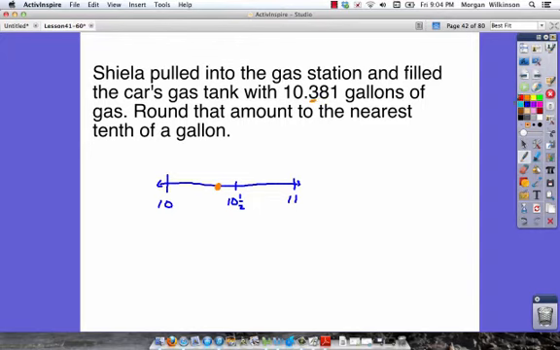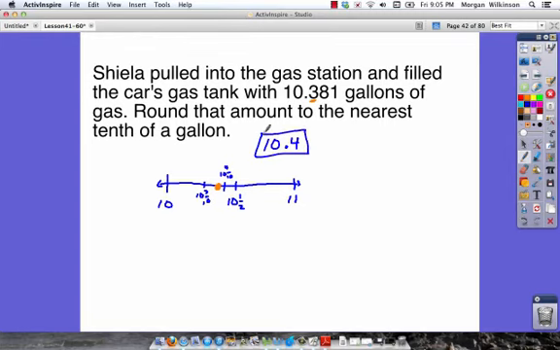If we put those numbers into our number line, we've got 10.3, call this one 10 and 3/10, or 10.3, and this one is going to be 10 and 4/10, or 10.4. Which one is that closer to? It's got to be closer to 10 and 4/10, or 10.4. We can see our dot landed much closer to that. So 10.4 would be our final answer.